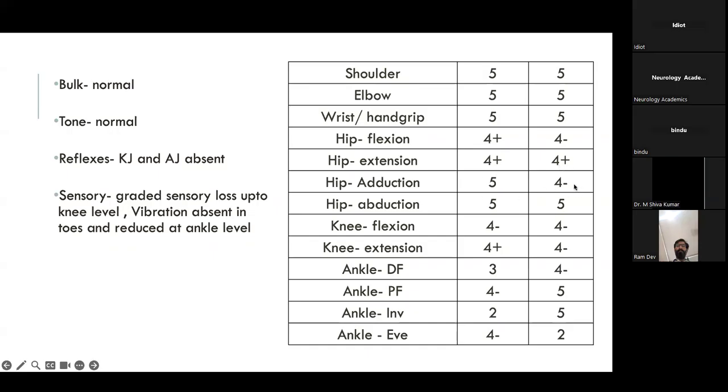Hip adduction weakness on left side 4-. Knee flexion 4- bilateral. Knee extension right 4+ and left 4-. And also ankle muscle weakness, where he has dorsiflexion weakness and also plantar flexion weakness. Inversion and eversion are also weak, more severe on the left side.